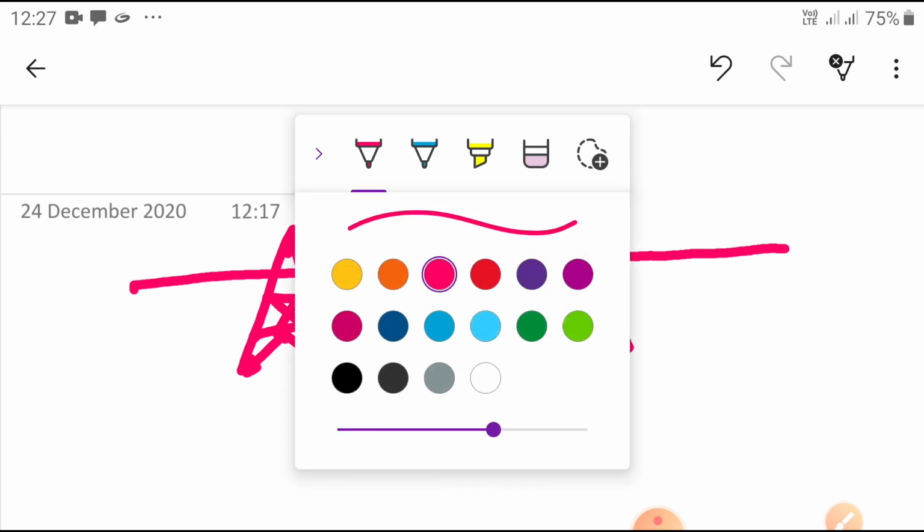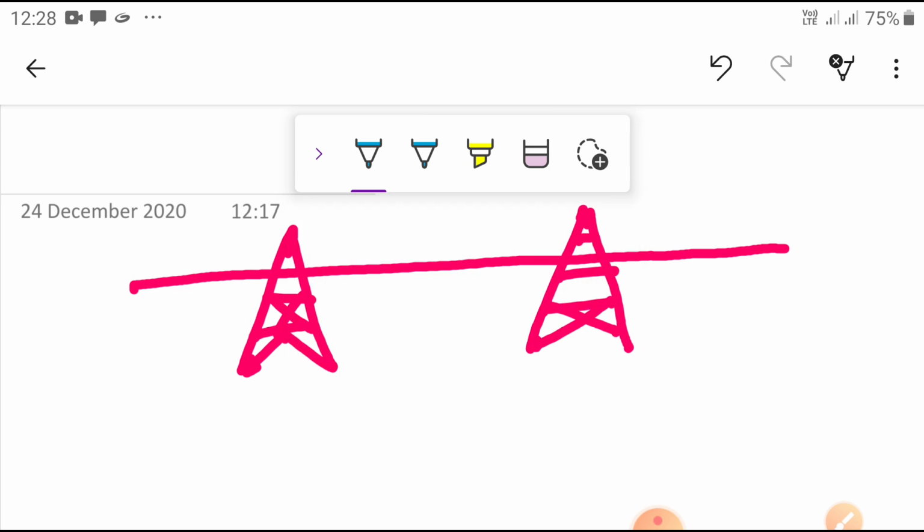I want to know the amount of this current. So this current is to be measured with the help of our CT.